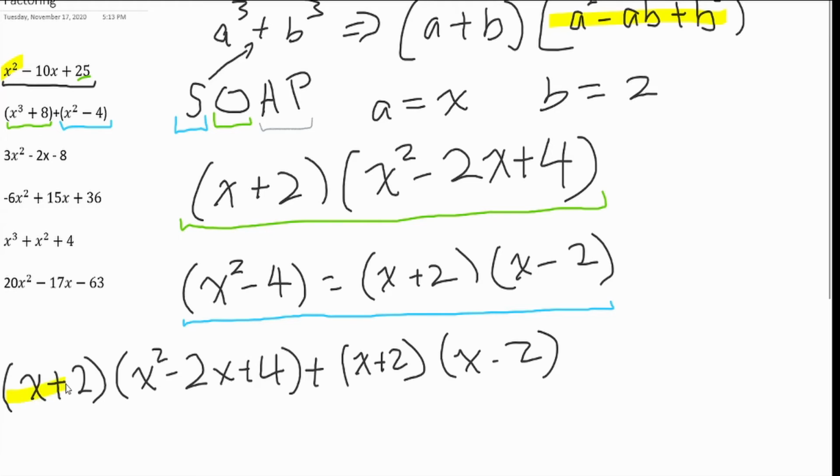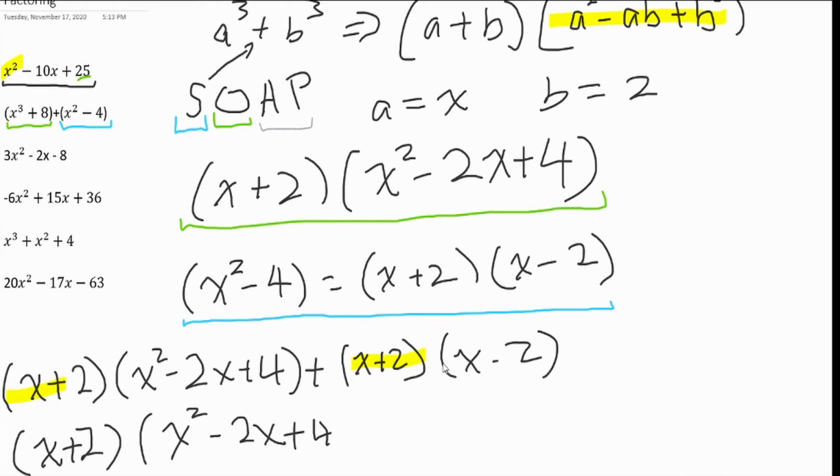Here we note the two common factors, right? So we combine them together. We factor this part out. And then we have x squared minus 2x plus 4, and since we're adding this part on, plus x minus 2.